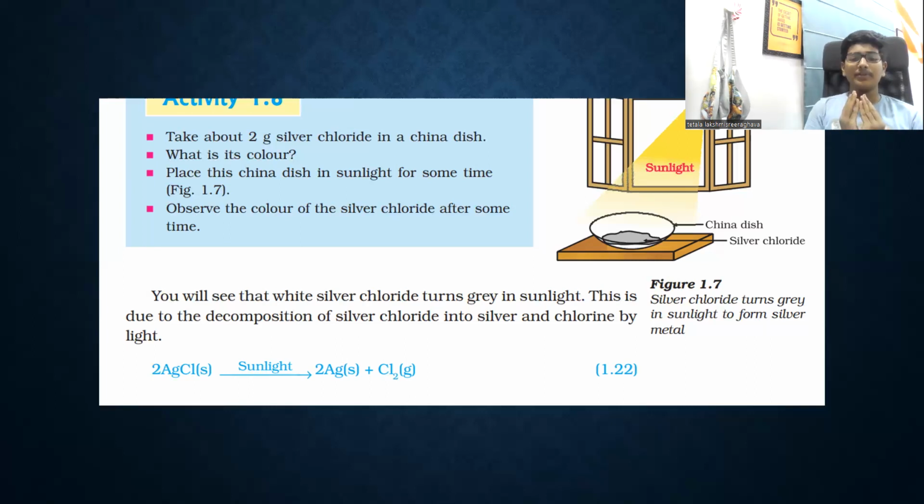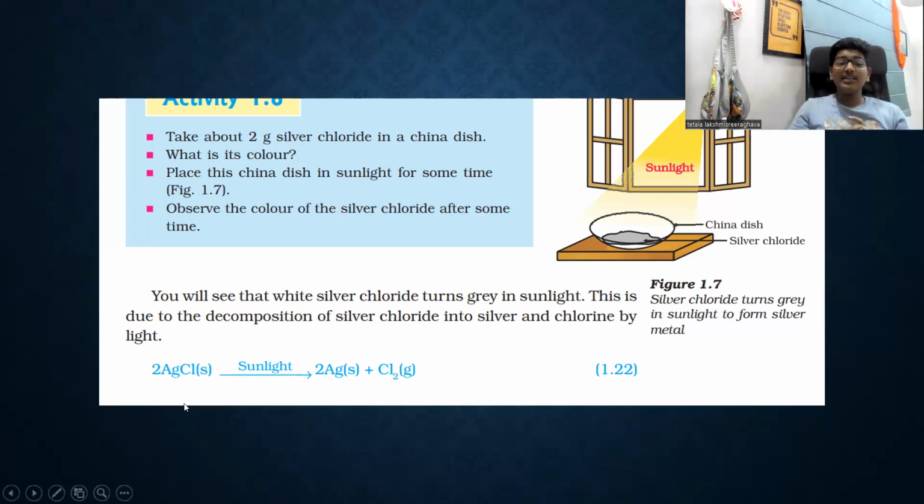This is due to the decomposition of silver chloride into silver and chlorine by sunlight. AgCl, due to the sunlight, has split into Ag, which is silver, and chlorine, which is Cl2. Yeah, this equation is balanced.